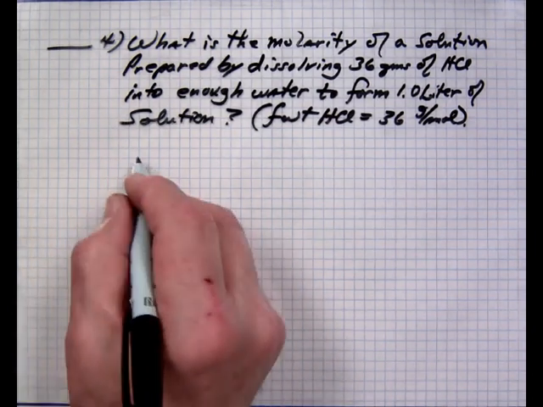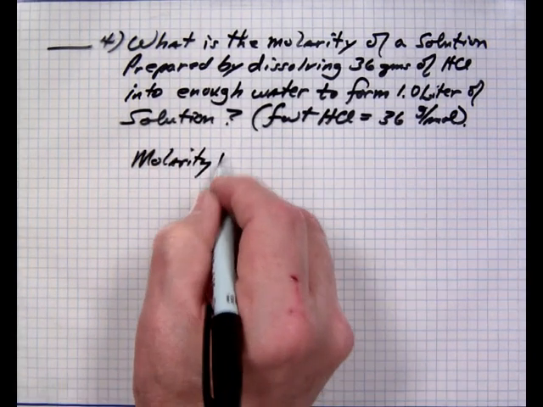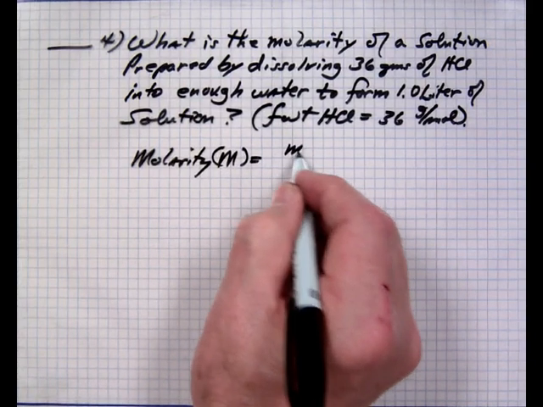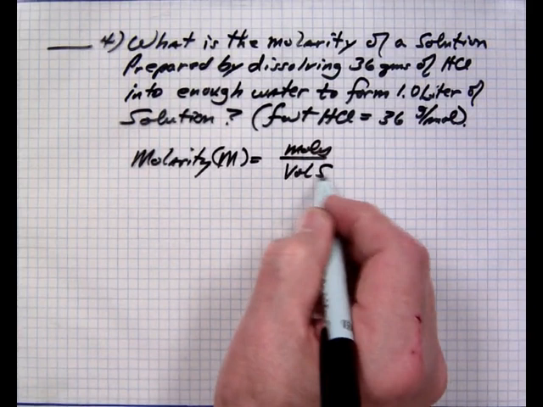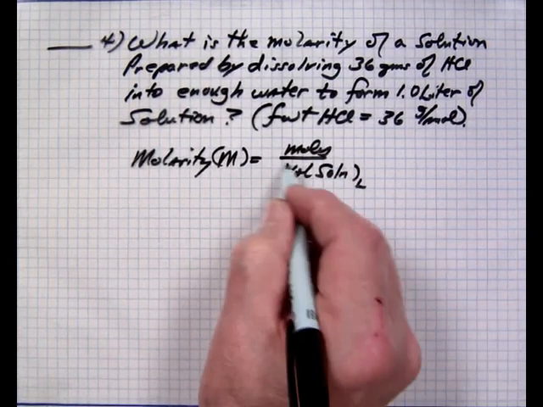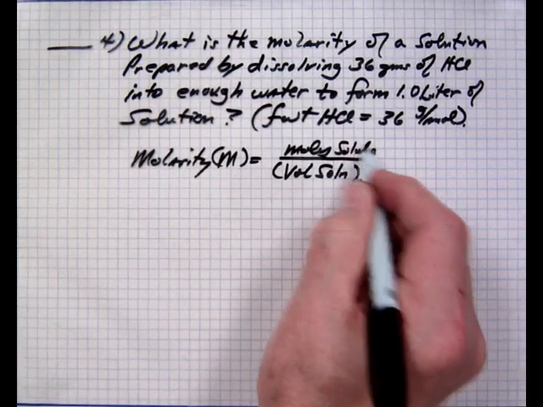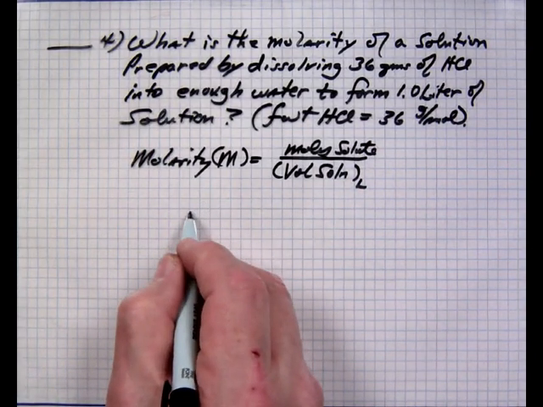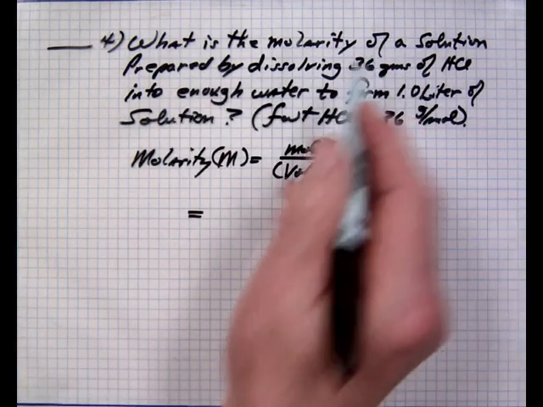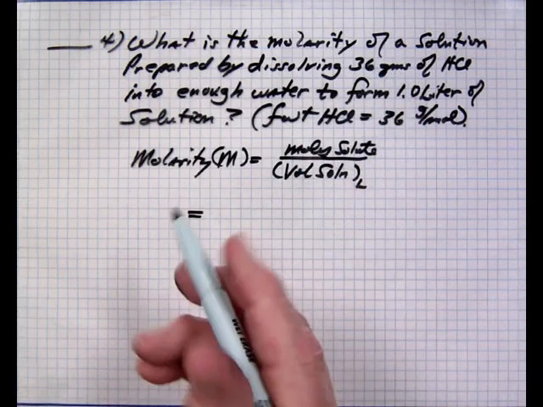So basically, molarity is moles solute divided by volume of solution expressed in liters. We have 36 grams, and to convert grams to moles, we divide by formula weight.